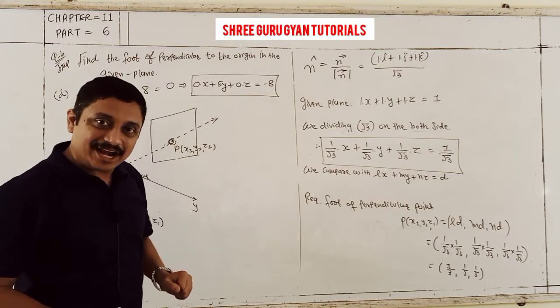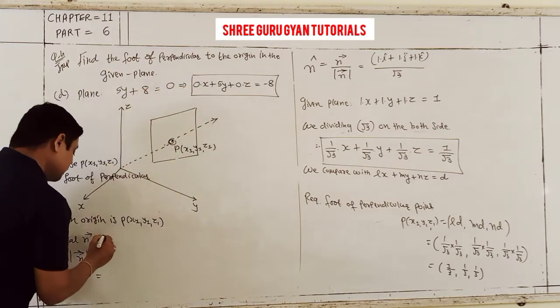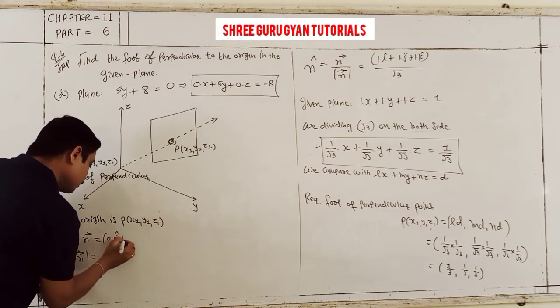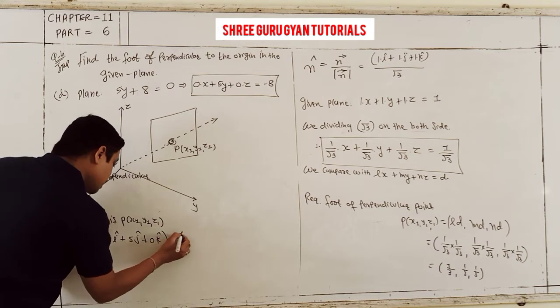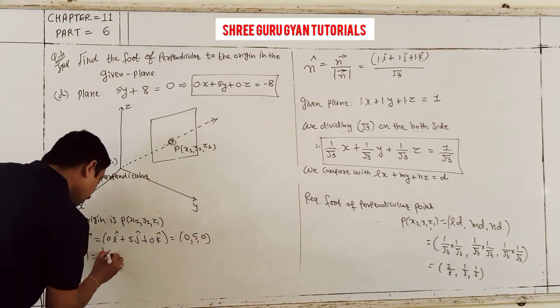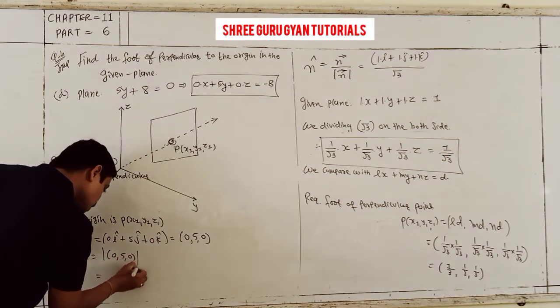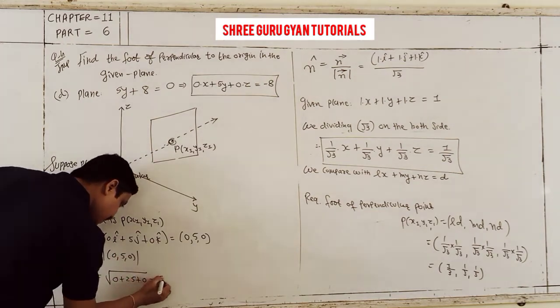Now I go to the normal. What is the normal here? 0i, 5j, 0k. It will be 0, 5, 0. Take its modulus. The modulus value is 5.